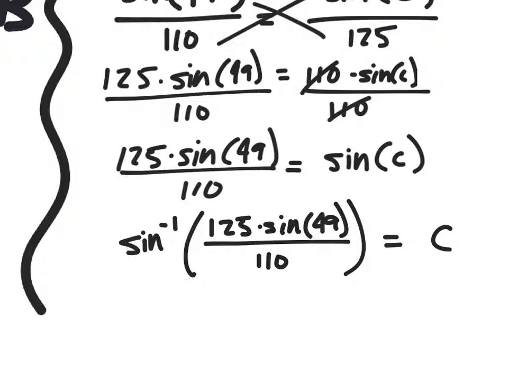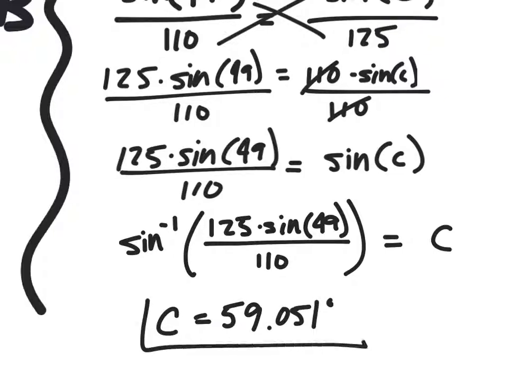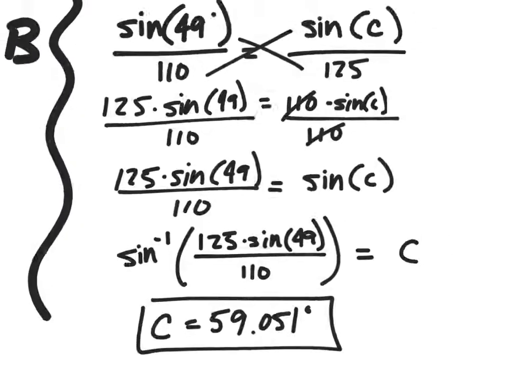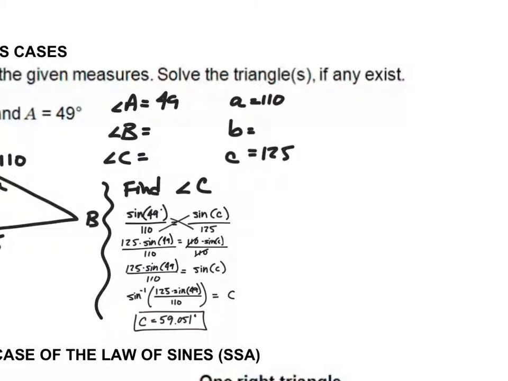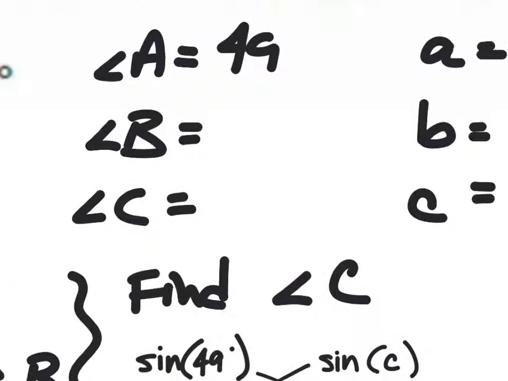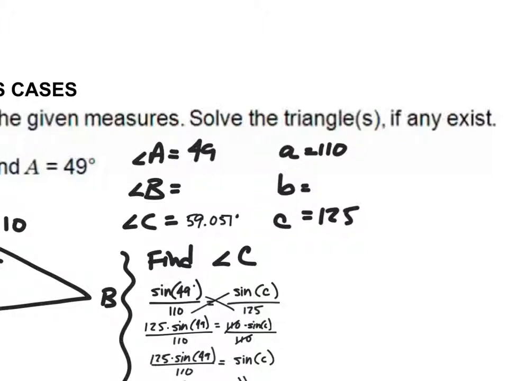And that's going to give us the value for C. So here we get that C is equal to 59.051 degrees. They probably want you to round to the nearest degree, but I'm just going to keep it at 3 decimal places here. 59.051 degrees, okay? And that's what angle C is.